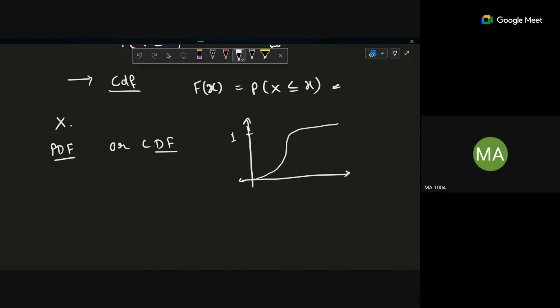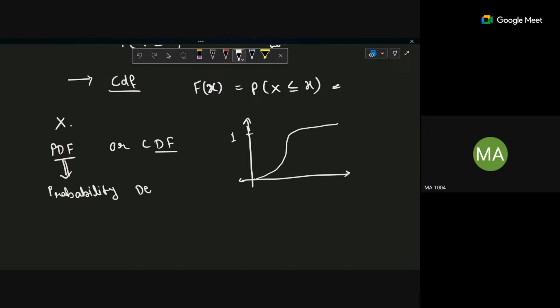So CDF will give some continuous graph using which you find PDF. What is PDF? Probability density function. Why is it needed?